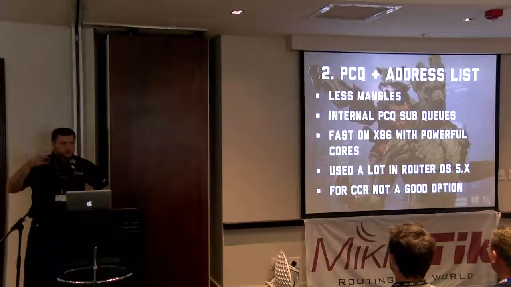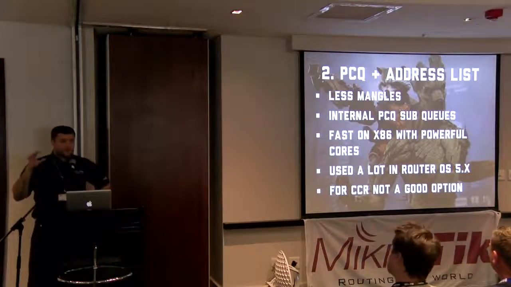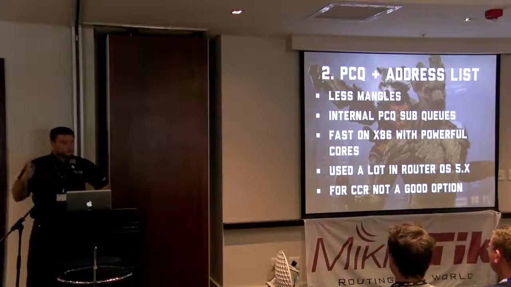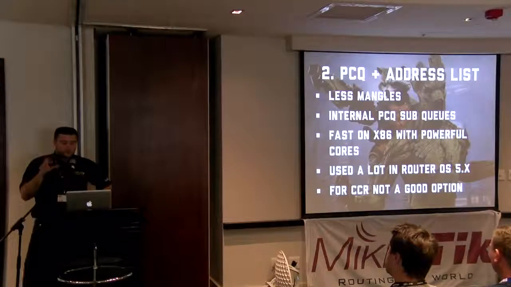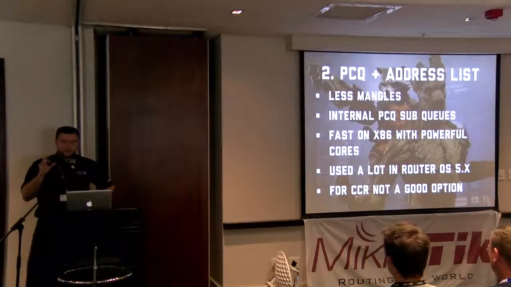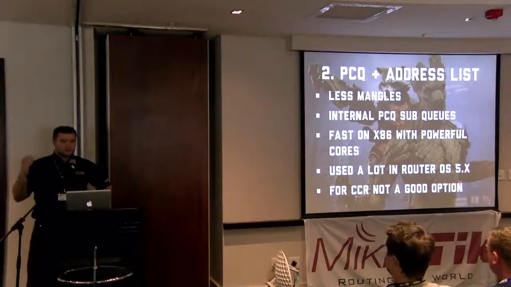That approach was used a lot in the past when simple queues in the RouterOS 5 version were slow. And now they improved it, and this type of queuing is still used, but on x86 routers. What is the reason to not use it on Cloud Core?